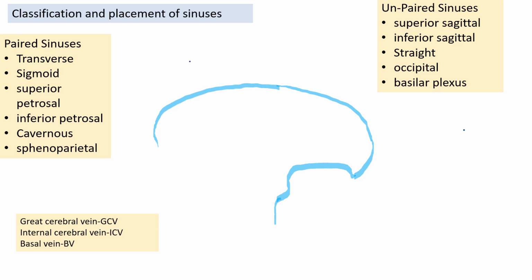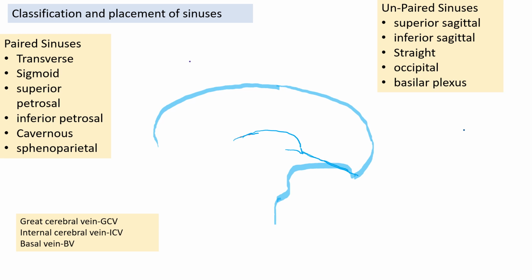So this is of the right side, and if I have to draw the inferior sagittal sinus, it is like this. It is joined by the great cerebral vein, and it will form the straight sinus. So the straight sinus is like this.